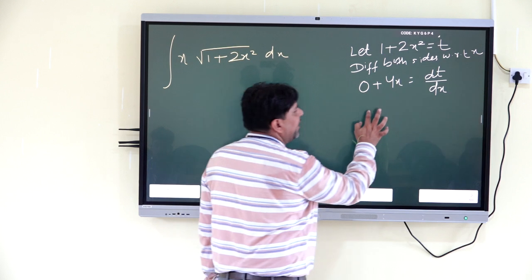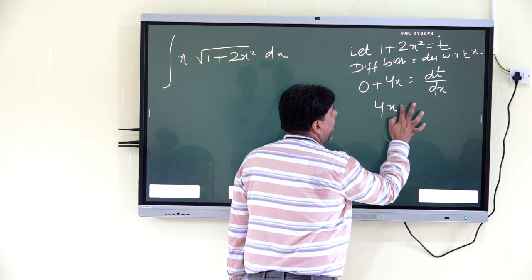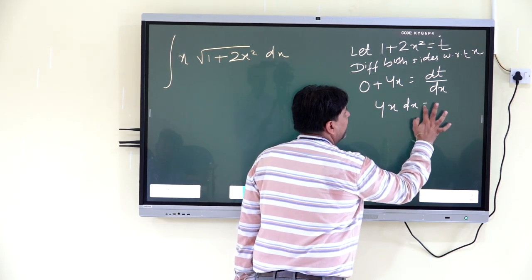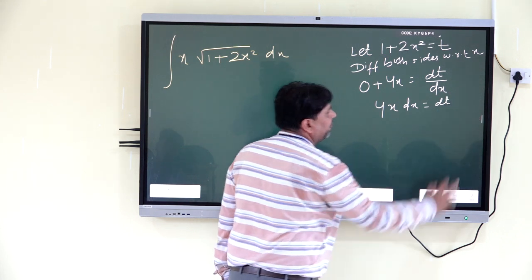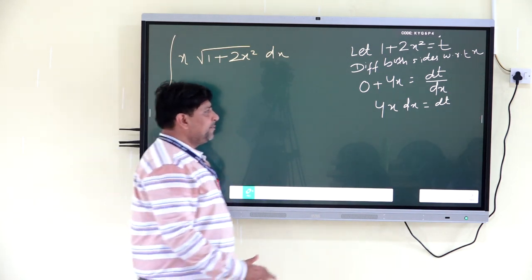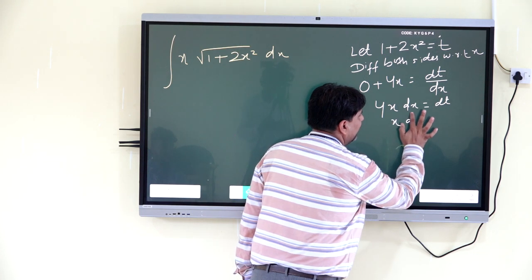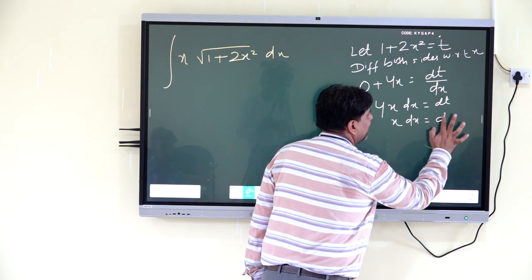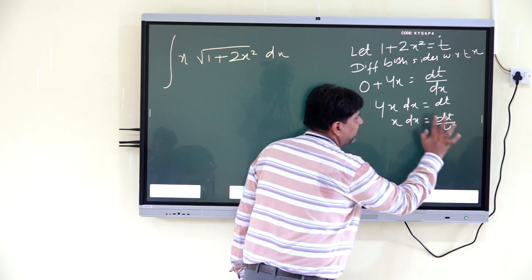Let us take dx this side. So 4 into x into dx is equal to dt. So what is x dx? It is dt by 4.